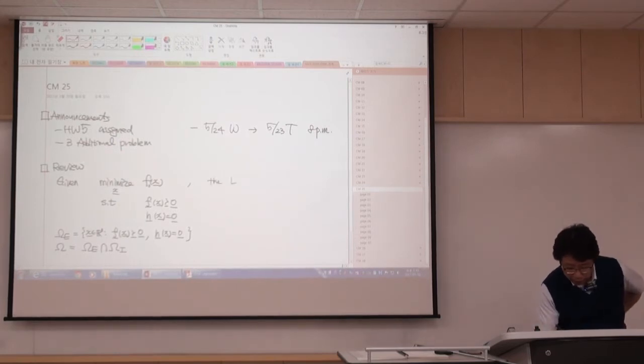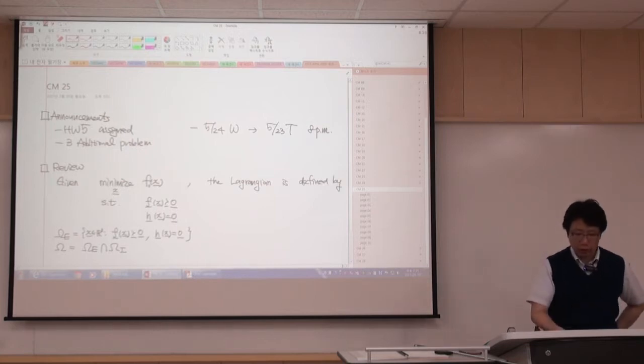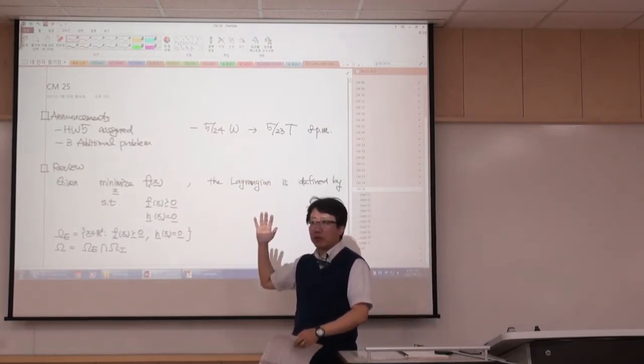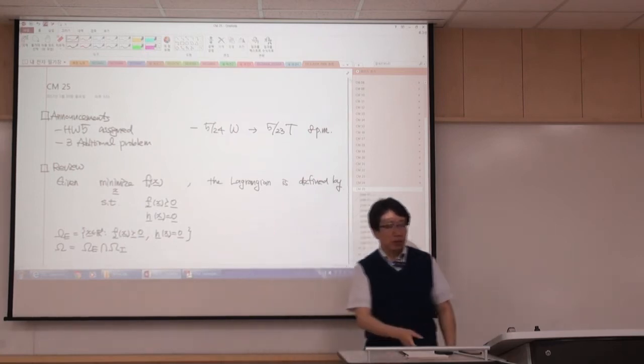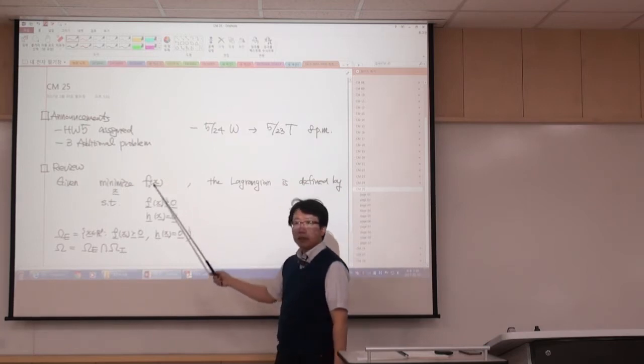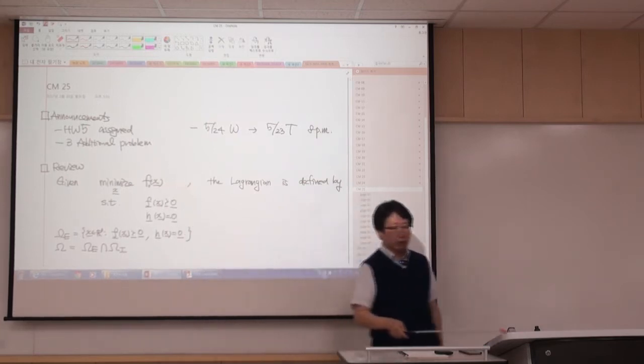So given that, the Lagrangian is defined by what? By a kind of high dimensional function. So we introduce more variables than x. What kind of variables?